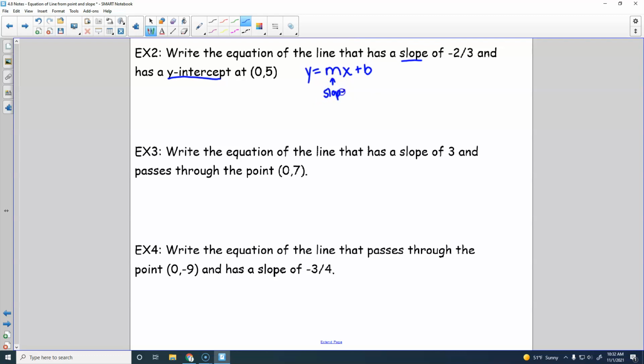And Passion, what does the b stand for? Okay, so in this case, our equation would be y equals negative 2/3 x. And then my y-intercept, is it 0 or 5? It is 5, plus 5. So this would be my answer here. All I have to do is plug it in if it gives me the y-intercept.